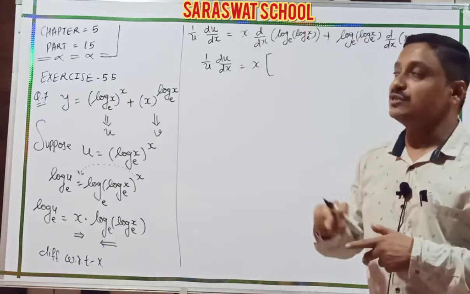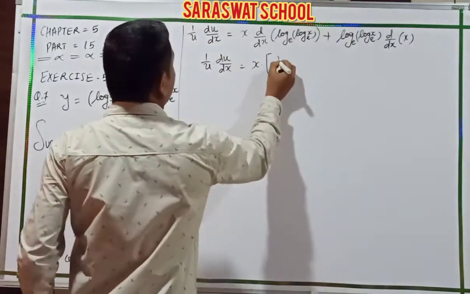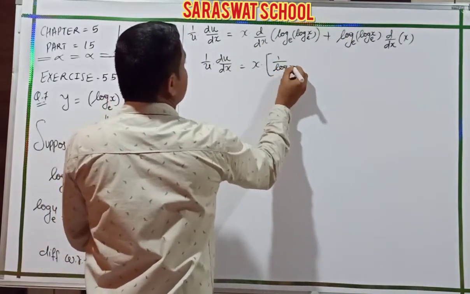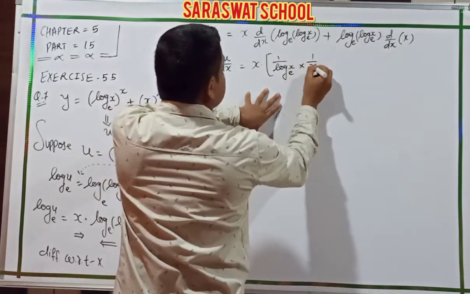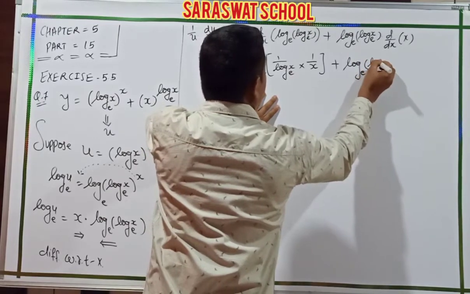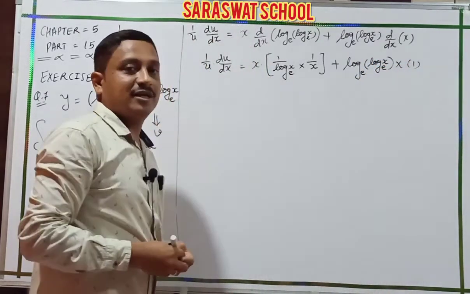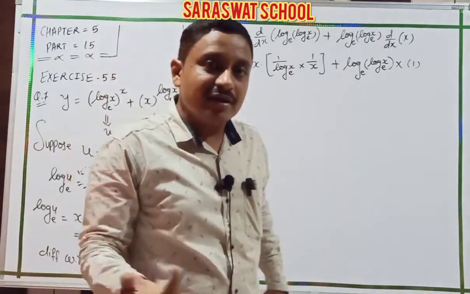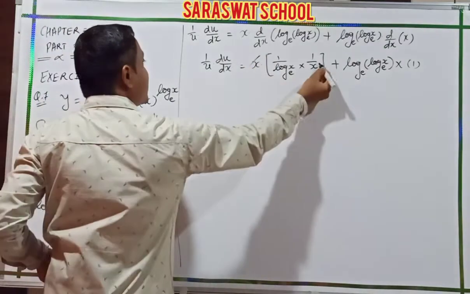The derivative of the outer log function is 1 by log x. Now the derivative of the inner log x is 1 upon x, plus the same log of log x base e. And what is the derivative of x with respect to x? It is simply 1. Now this u multiply upside and x cancel.